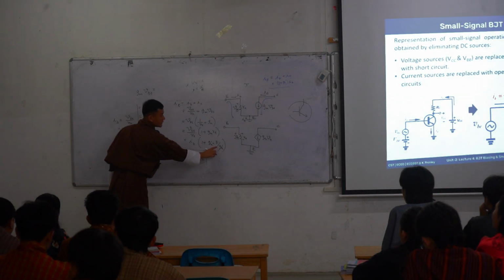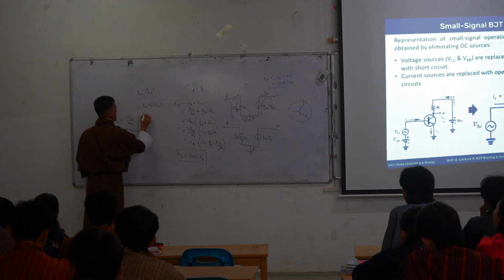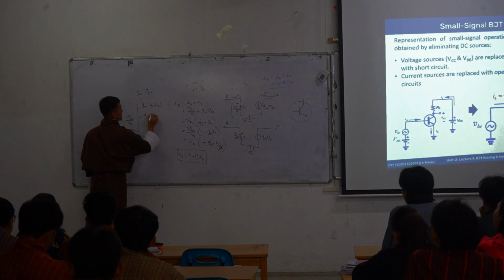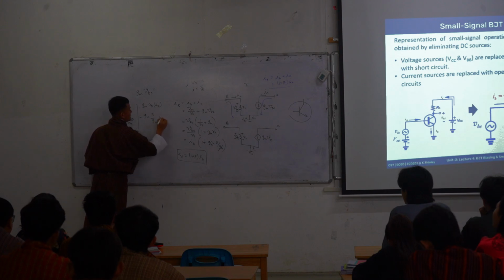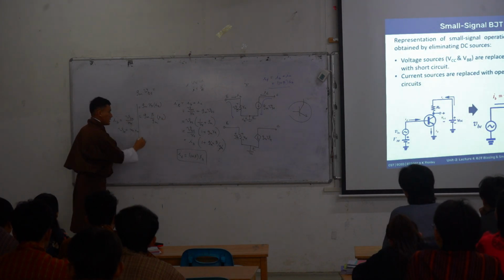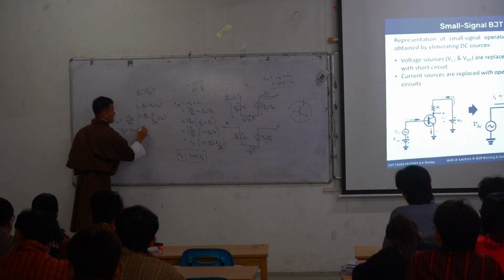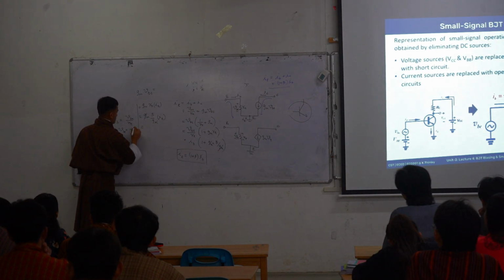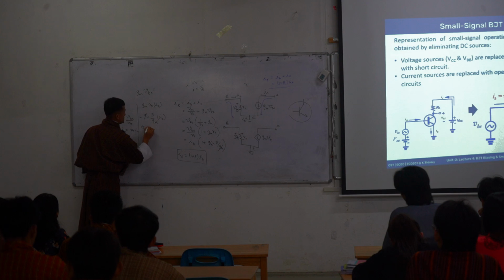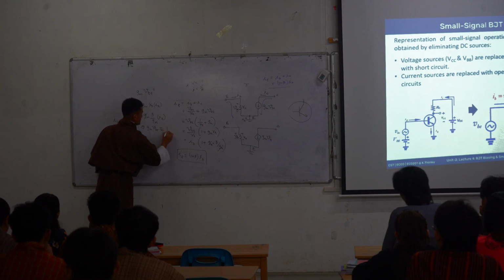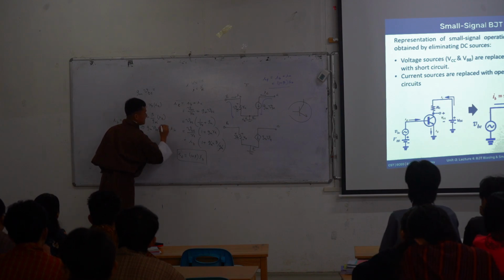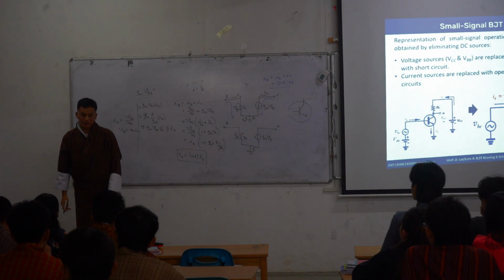R pi is equal to beta over GM, right? So GM times beta over GM times IB. These two will get cancelled. Now you will get GM times VBE is equivalent to beta times IB.